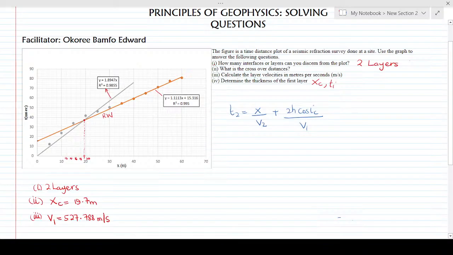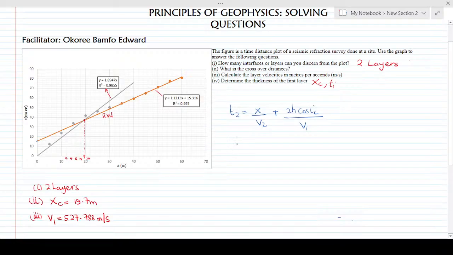And because this is having an intercept and it's not passing through the origin, that is why we are saying that this is the value as a result of the refracted wave. Now with that being said, we can take the equation of that line.